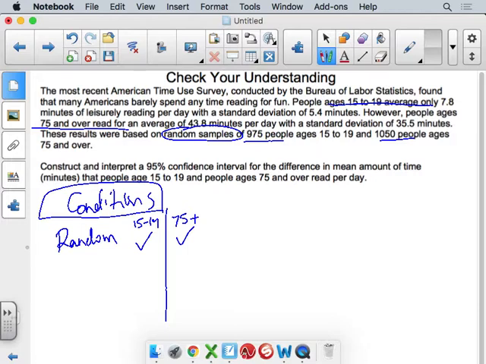The other condition is 975 less than 10% of all 15 to 19-year-olds. That's true, there's more than 9,000 in that category. And 10,050 less than 10% of that population, which is another check, so we're good.